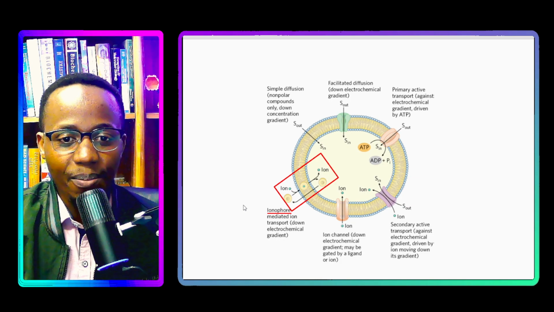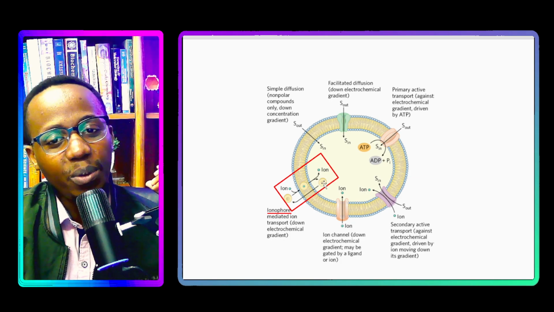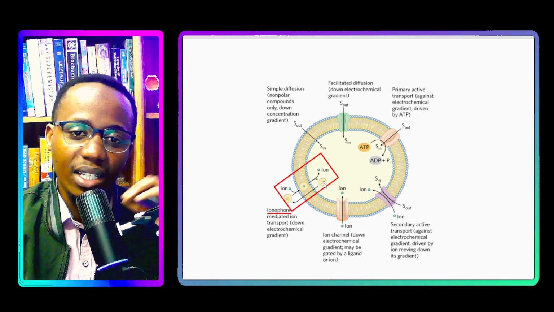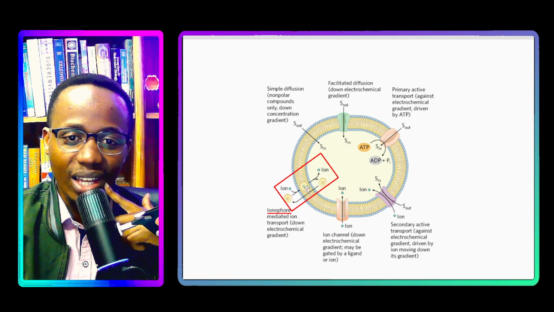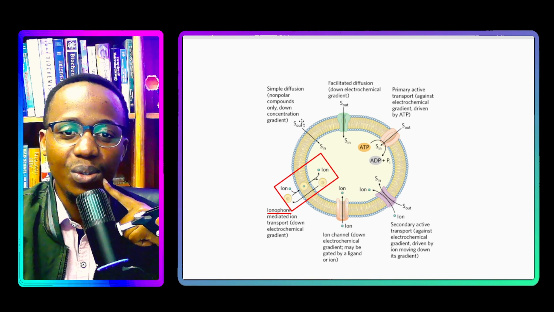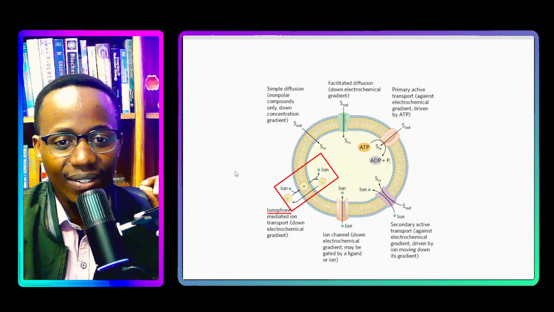An ionophore is just something that binds to an ion. So an ionophore binds to an ion, goes through the membrane because it can, and then when it gets inside, it releases the ion. And this is because, by the way, the membrane is non-polar. The membrane is not going to be nice to the ion, so it can't just diffuse like non-polar molecules can.